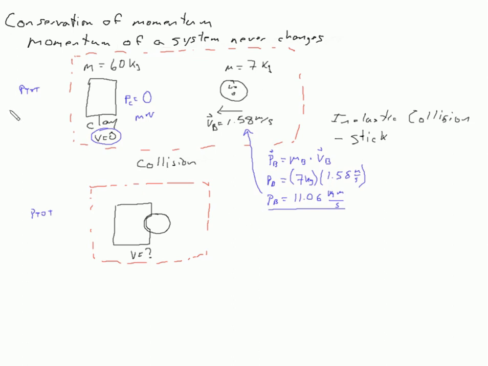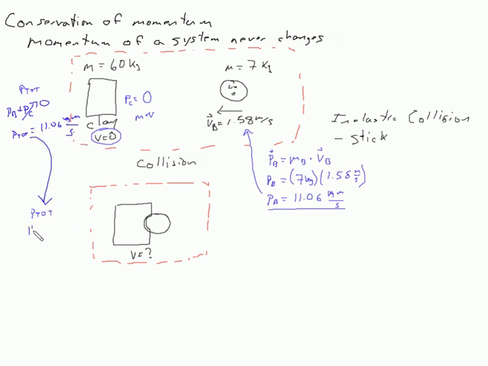So our total momentum is the momentum of the bowling ball plus the momentum of the block of clay. We have no momentum from the block of clay, so our total momentum is just the momentum of the bowling ball, in this case 11.06 kilogram meters per second. And that is still going to be the momentum after they collide and stick together.